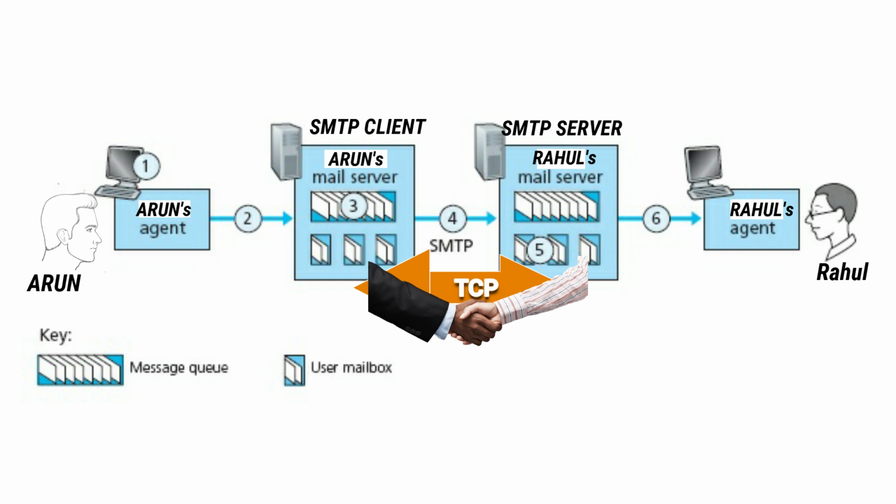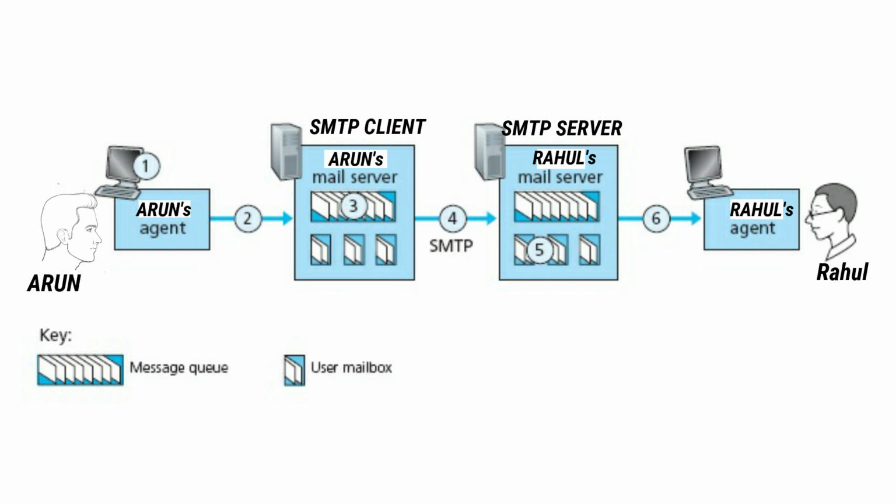Once the SMTP client and server have introduced themselves to each other, the client sends the message. SMTP can rely on the reliable data transfer service of TCP to get the message to the server without errors. The client then repeats this process over the same TCP connection if it has other messages to send to the server. Otherwise, it closes the TCP connection. So this is how SMTP works.